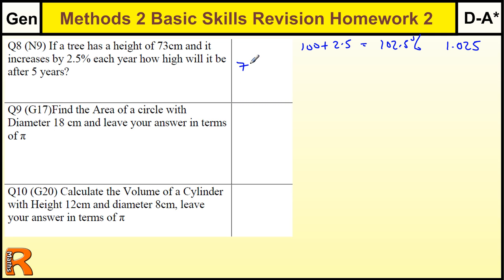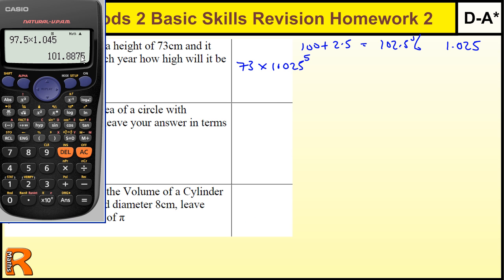So we start with 73, and we need to times by 1.025, but we're going to do that for 5 years, so times by that 5 times. But much easier to use the power of 5. You can do times by 1.025 each time, but using the power of 5 makes things a lot simpler.